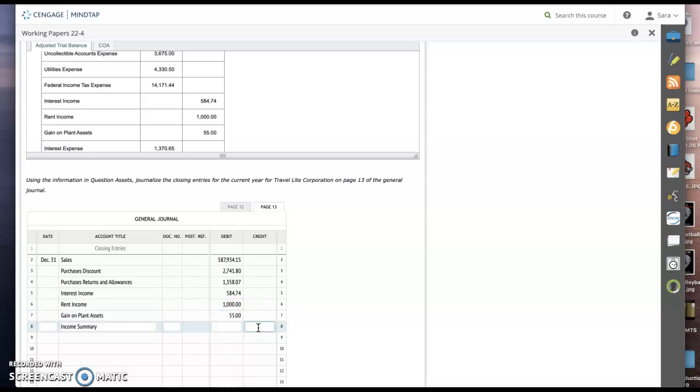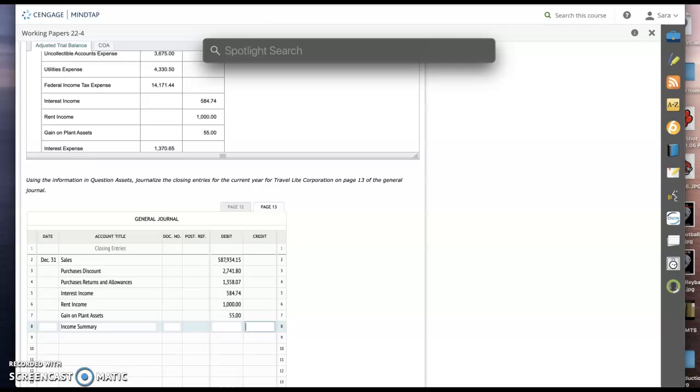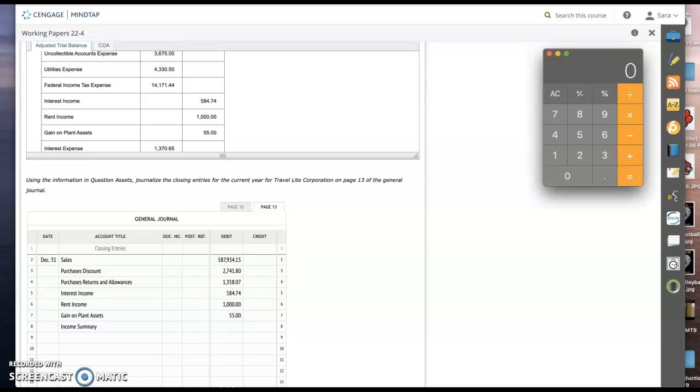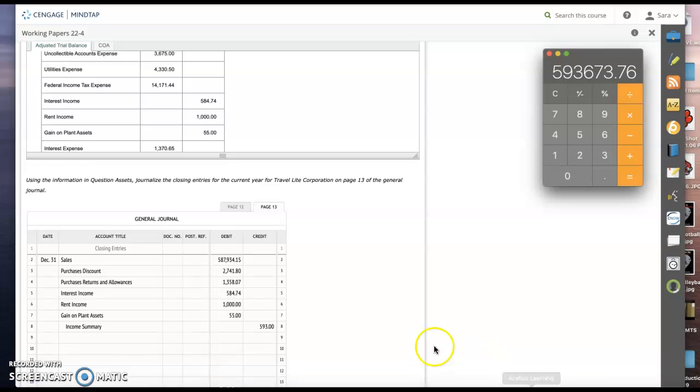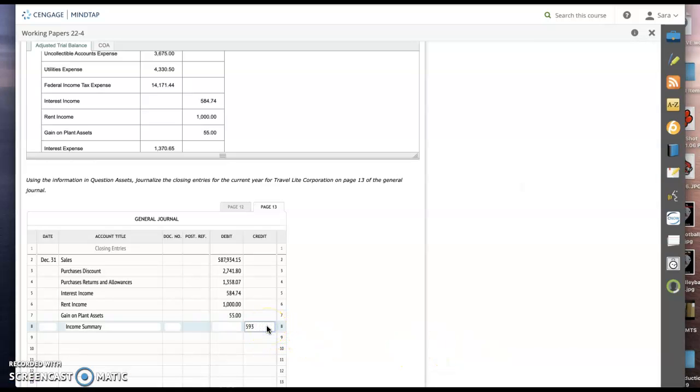And then we will add those numbers up, and our income summary will then be a credit. So debit or credit of $593,673.76.